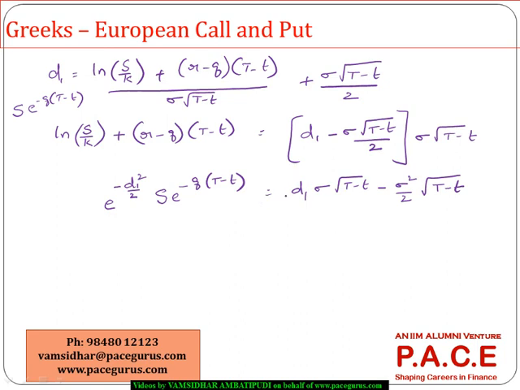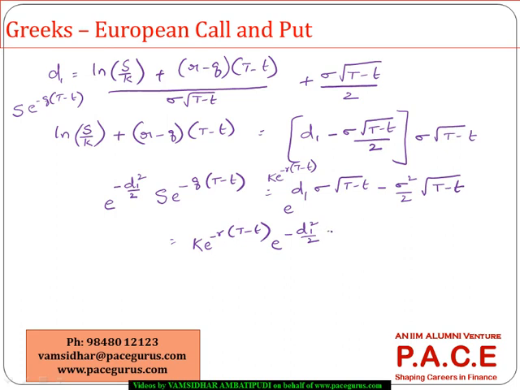Here we had something earlier extra, K e power minus r T minus t, into e to the power of this one. This is what we had. So now when I am bringing in some additional term on the left hand side, I have to multiply it with e power minus r. This side also I have to multiply with e power minus d1 squared by 2.